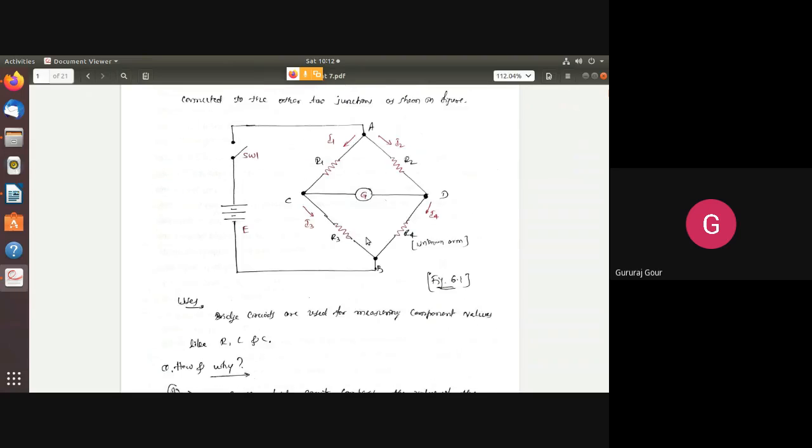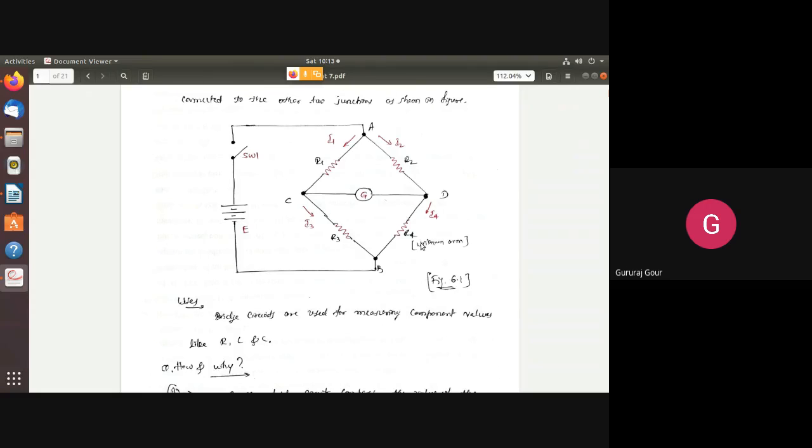And moreover, the measurement of the unknown resistance does not depend on any characteristics of the galvanometer showing the deflection. So galvanometer is the main element that is detecting whether your bridge is balanced with a zero or null condition in the middle, or unbalanced on either side of the deflection. Understanding?